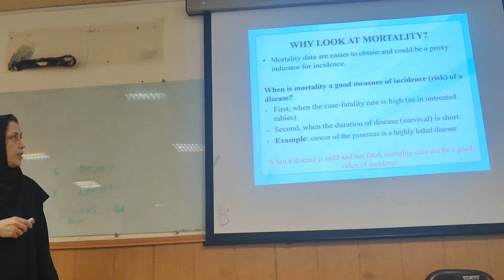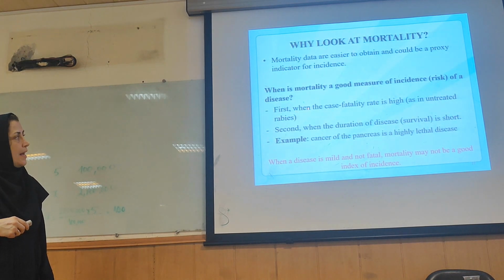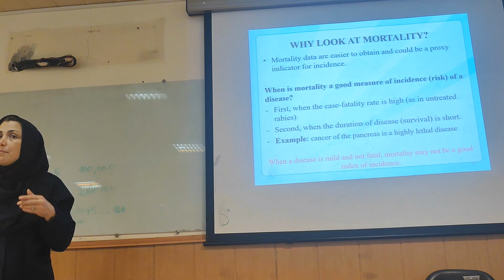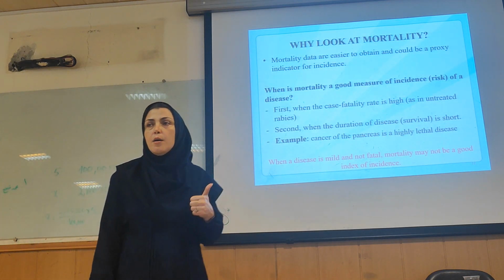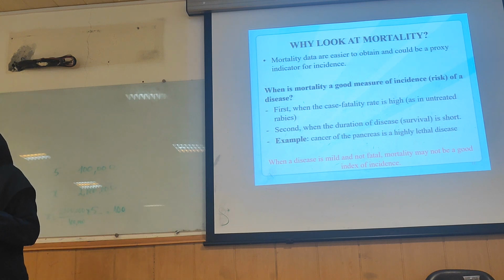In which situation? If we have these two criteria. First, the case fatality rate is high. I gave you an example of mortality rate and case fatality rate from pancreatic cancer. I told you that almost all, 90%, of pancreatic cancer patients will die.